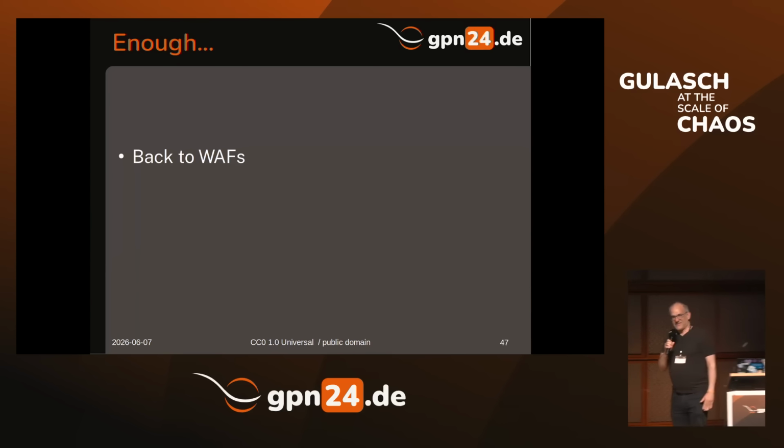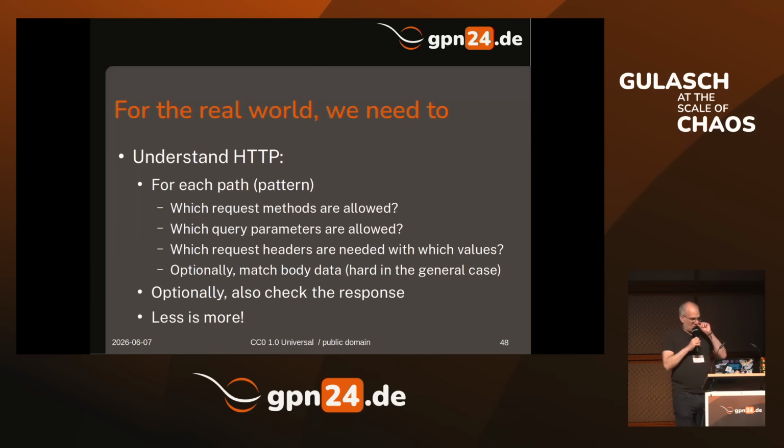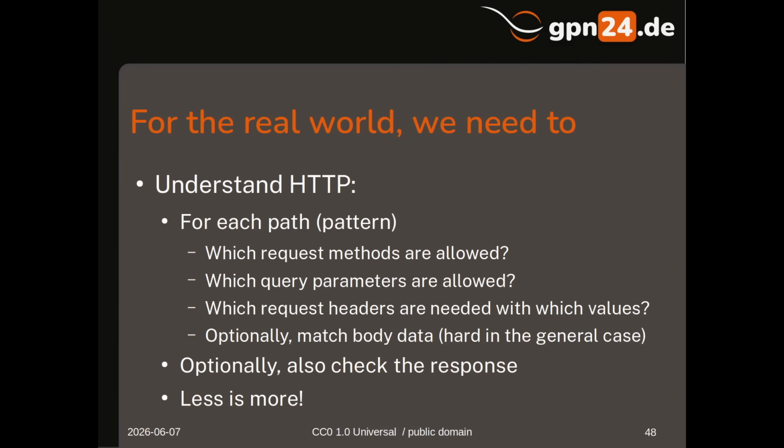Back to WAFs. What do we need to do in the real world? We now need to run pattern matching against the HTTP request and maybe the response. Usually this is structured by path, because things behave differently depending on the path.